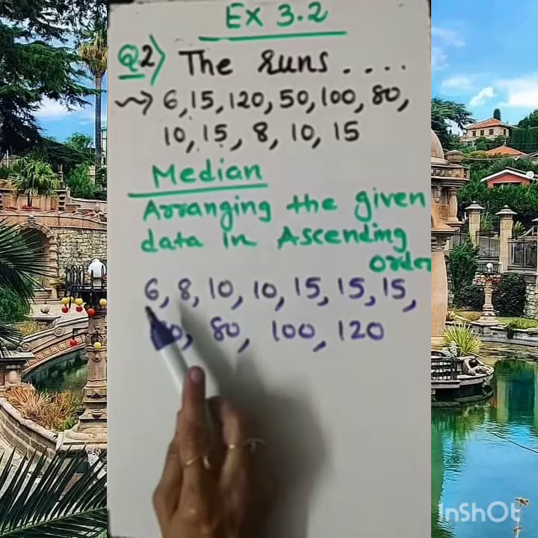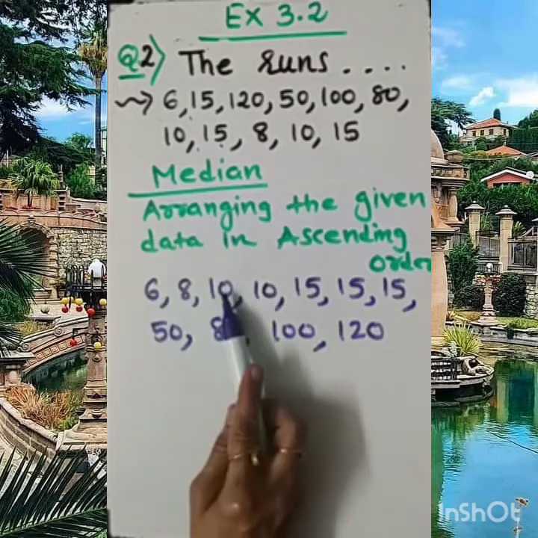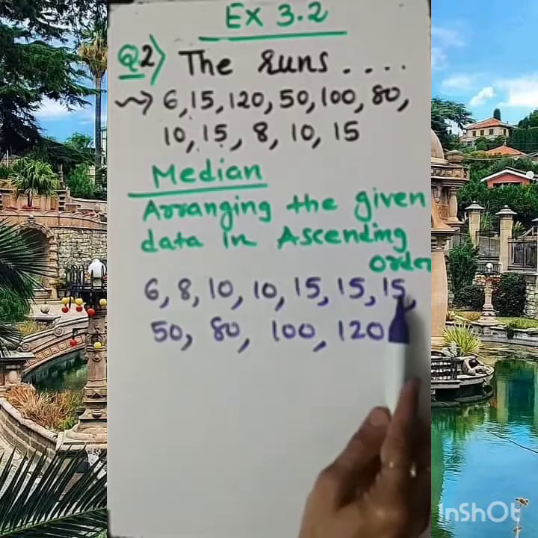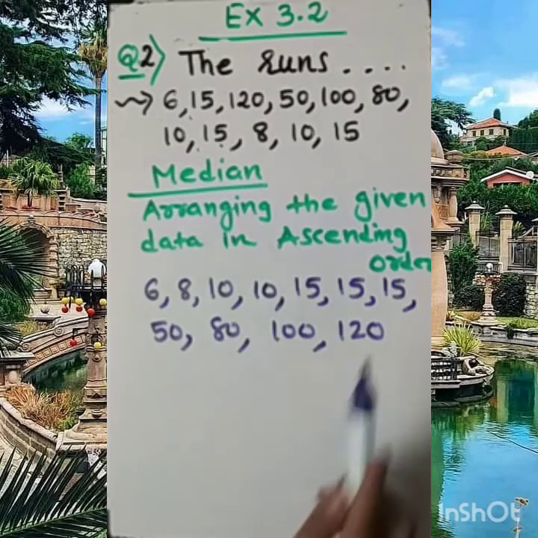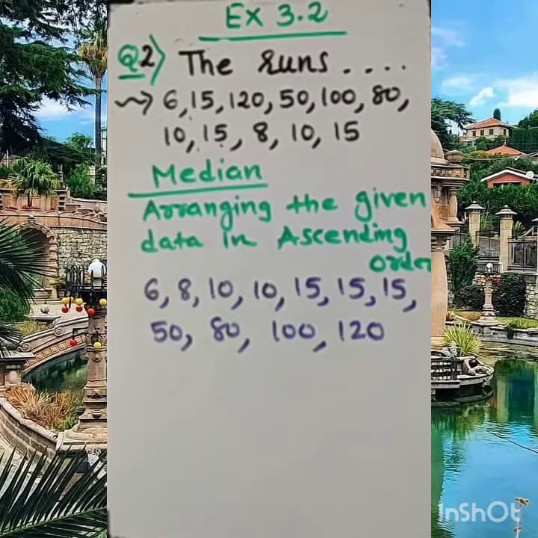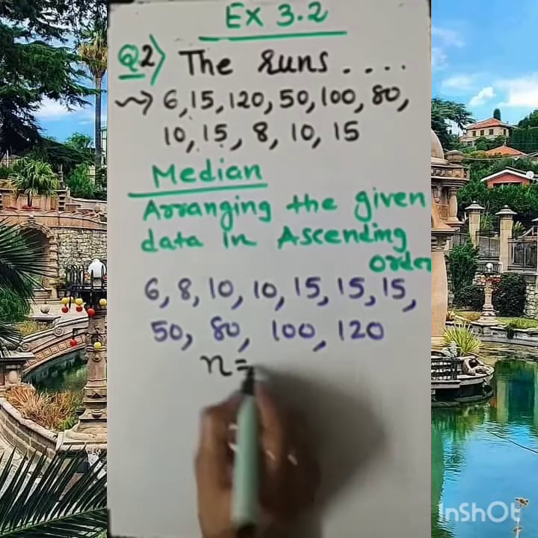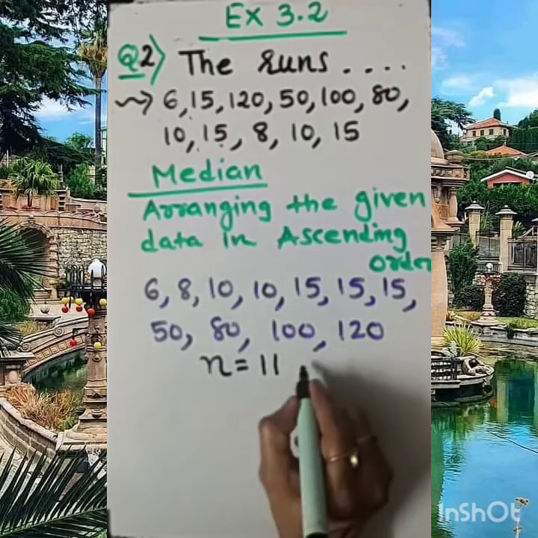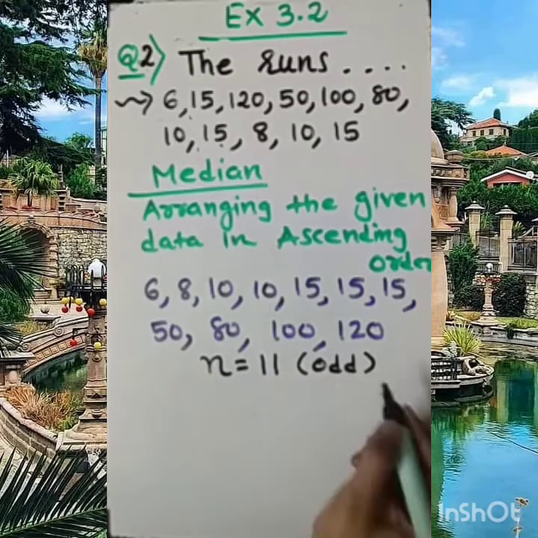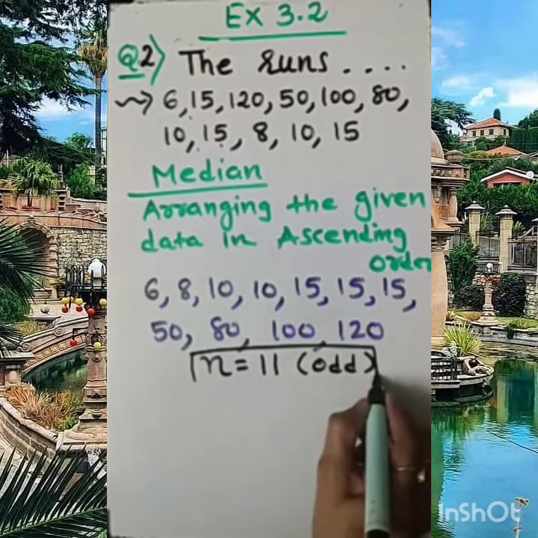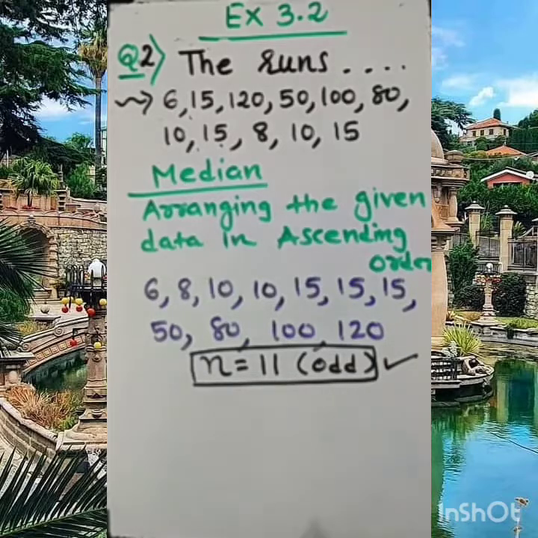Once again let's count. 1 2 3 4 5 6 7 8 9 10 11. So what is the number of players? 11. So can I write now n equal to 11, which is an odd number? Because to find the median we have to first determine whether it is an odd number or even number.